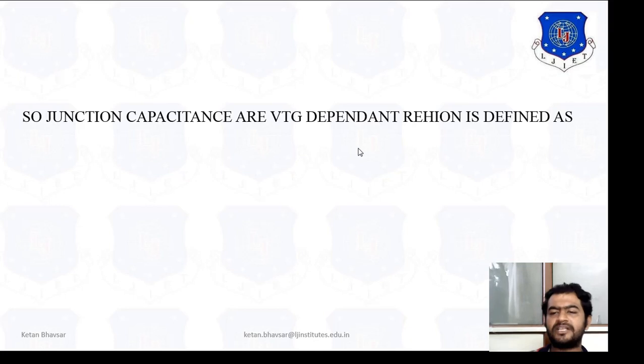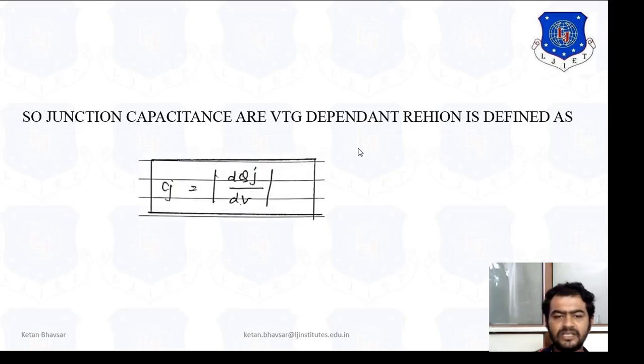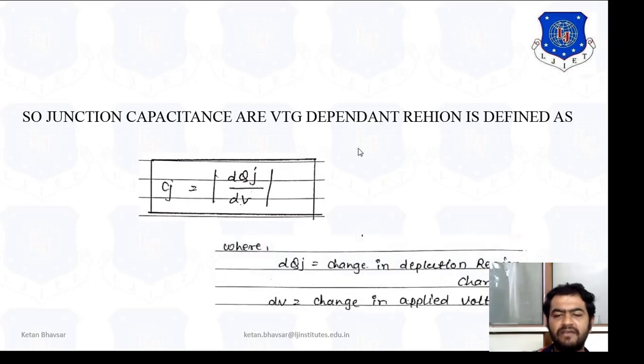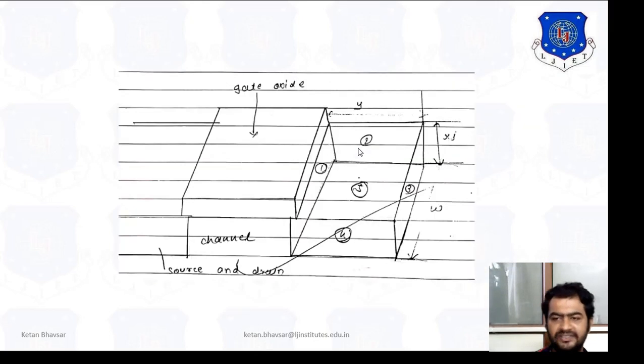So junction capacitances are voltage dependent and defined as Cj is equal to dQj divided by dV, where dQj is the change in the depletion region charge and dV is the change in applied voltage.